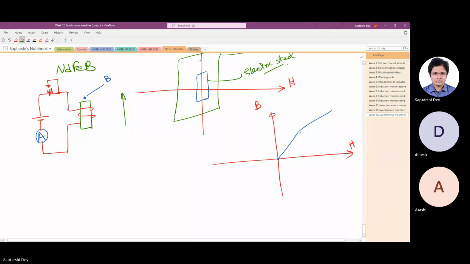After a certain point, you cannot magnetize it anymore, because all the dipoles are now aligned. And it looks something like this.